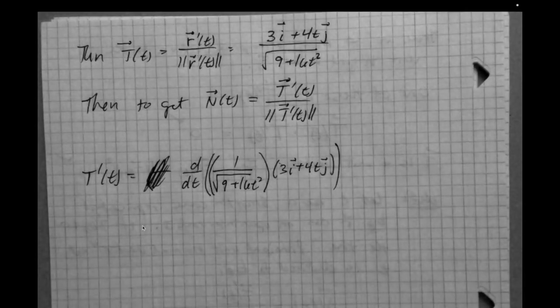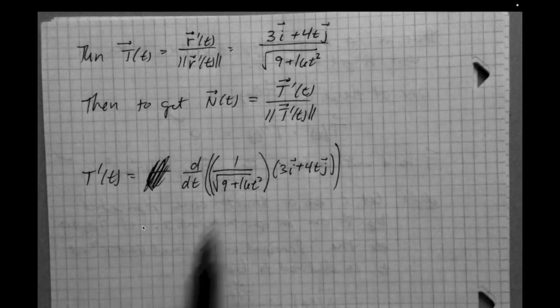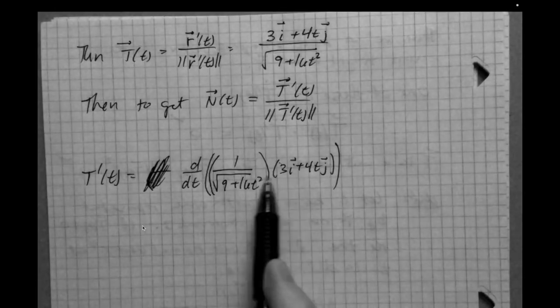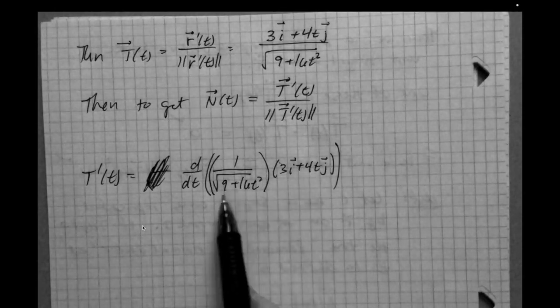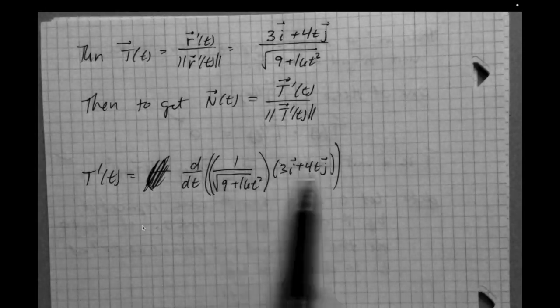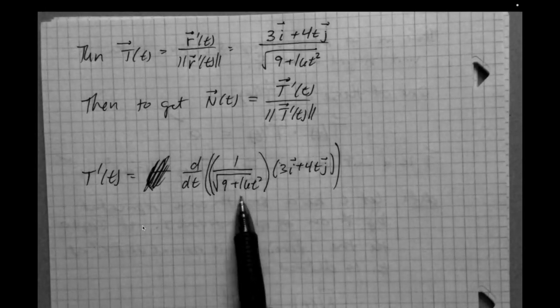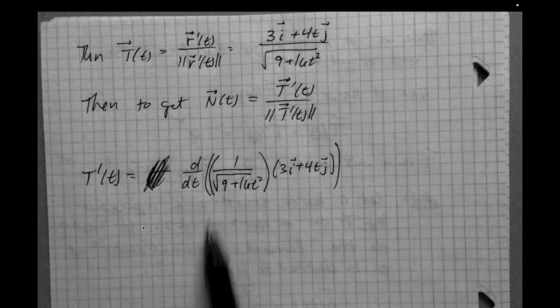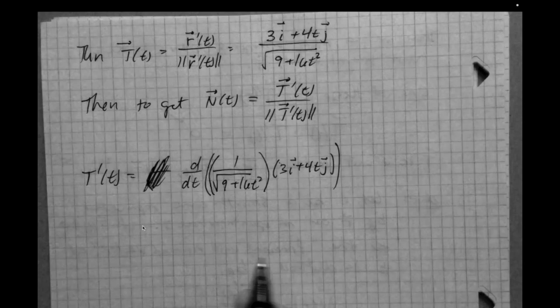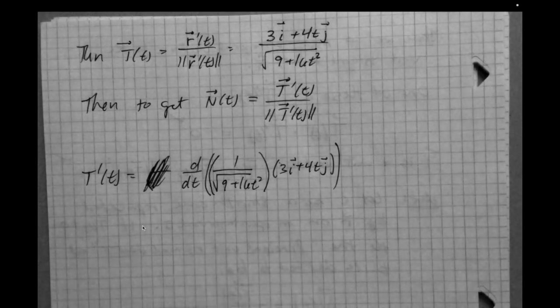Right, so we have to differentiate this. It's probably the best way to think about it. This is a real valued function times a vector valued function, and so what we have to end up using here is the product rule. So it's the first times the derivative of the second plus the derivative of the first times the second.